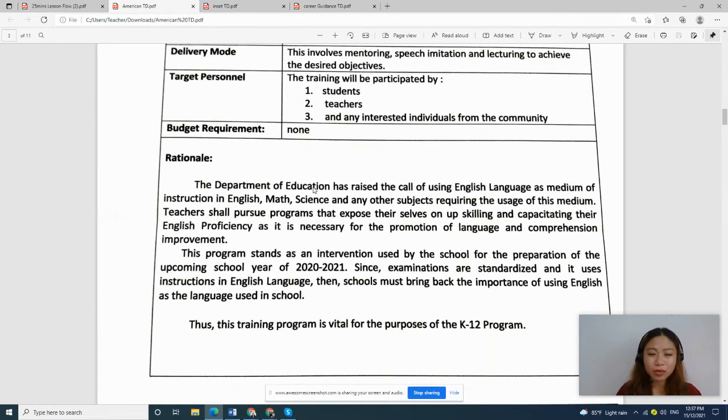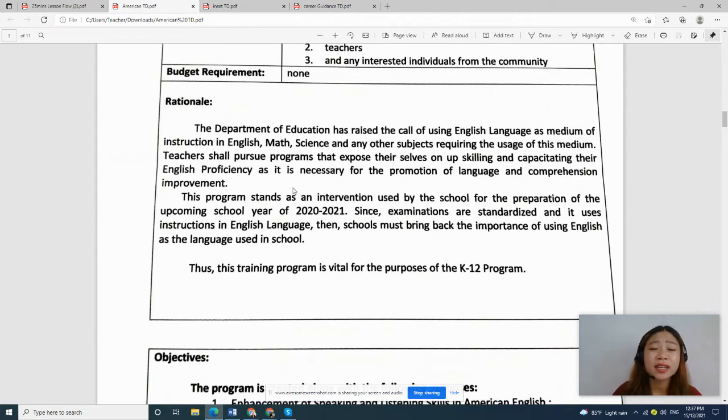So next part will be the rationale. Okay, in this part, the division office would like us to note or quote some of the memorandums or orders from the national, to the division, or from the district, or any school orders or memos. So that will be the arrangement from the highest to the lowest one.